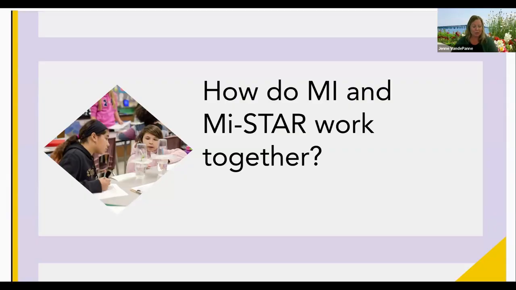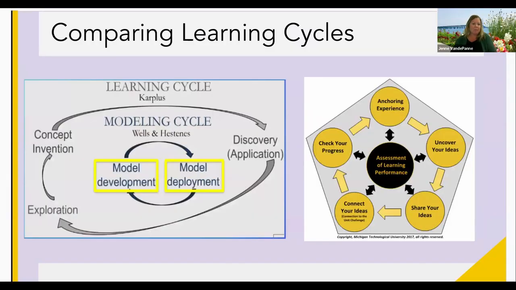All right, if we go to the next slide, I'm going to show you two images. The one on the right-hand side you are familiar with because you're here. It is the MyStar cycle, like the 5E model, with the anchoring experience, uncovering your ideas, sharing your ideas, connecting your ideas, and then checking your progress.